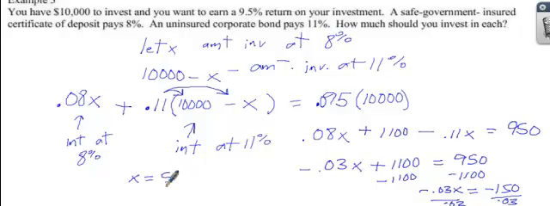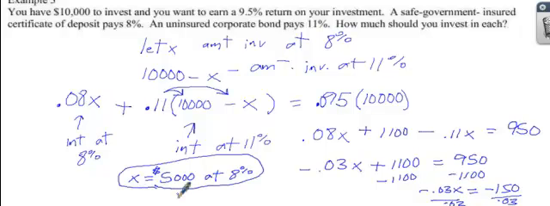So x equals 5,000. That's the amount that I invest at 8%. The amount at 11% is going to be 10,000 minus that. So 10,000 minus 5,000, I also will invest 5,000 at 11%.